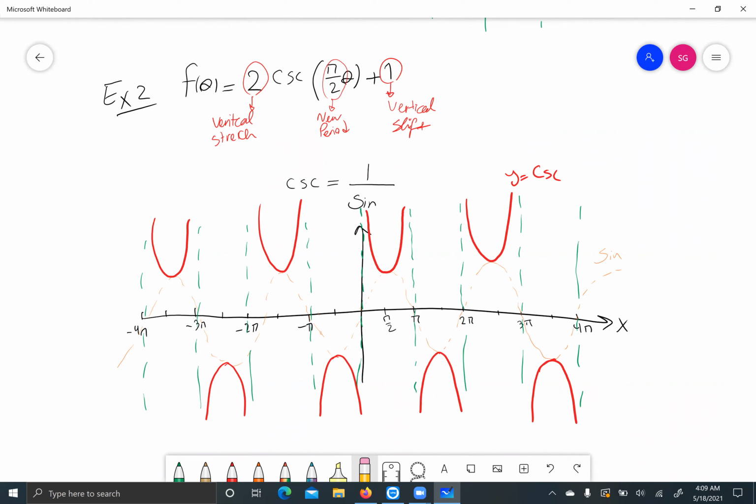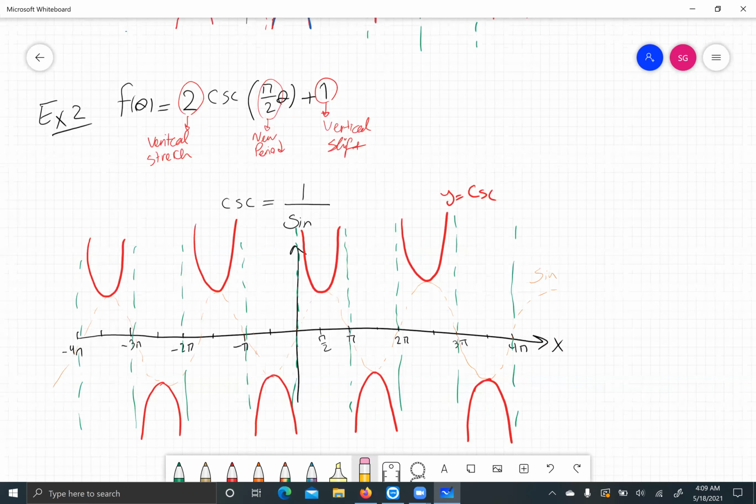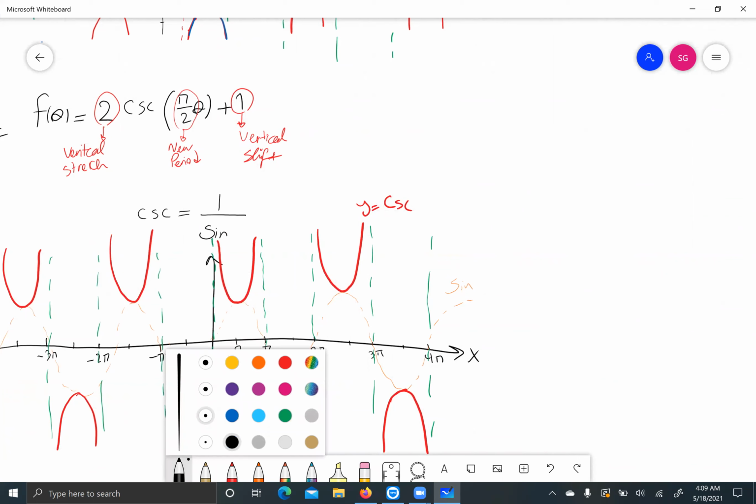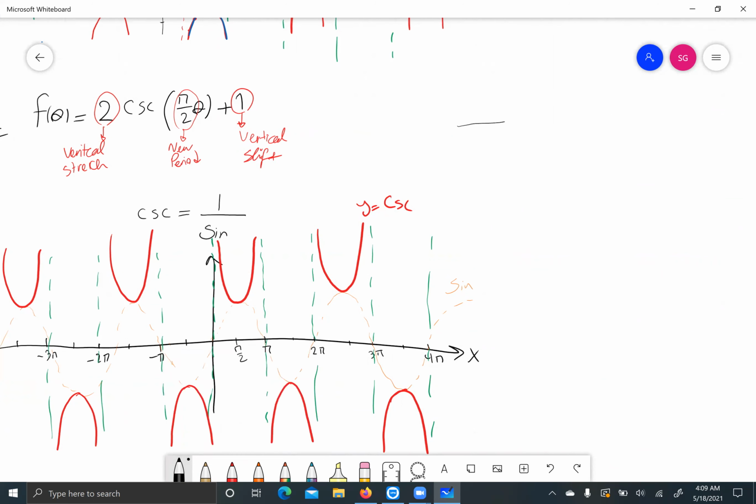For cosecant, the domain is everything except 0, pi, 2 pi, 3 pi, 4 pi, and so on. Look, if theta is 0, then pi over 2 theta is also 0.